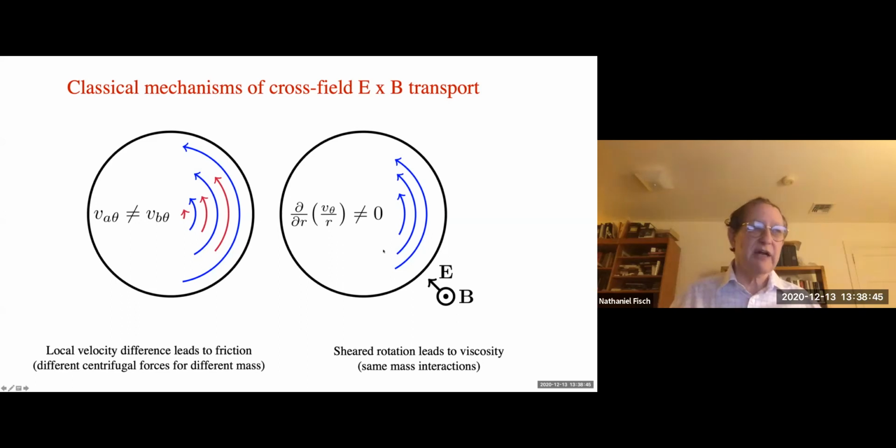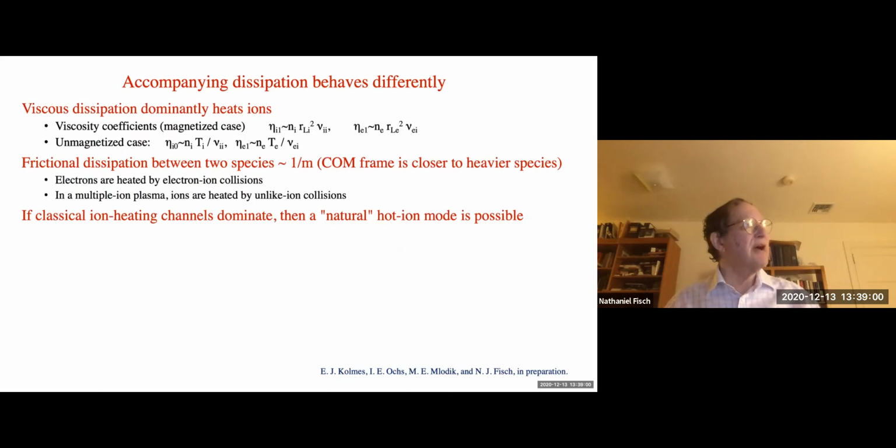And then you have viscosity, and the ion viscosity in magnetized plasma, again because of the mass ratio, is much larger than the electron viscosity because they have larger mean free paths in the direction perpendicular to the field. So you have a situation where you have dissipation that behaves differently, whether it's frictional dissipation or viscous dissipation.